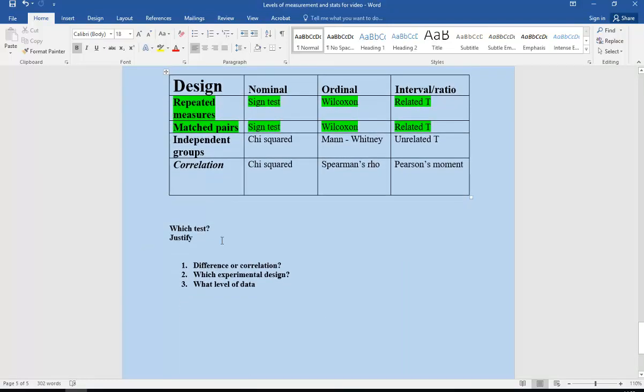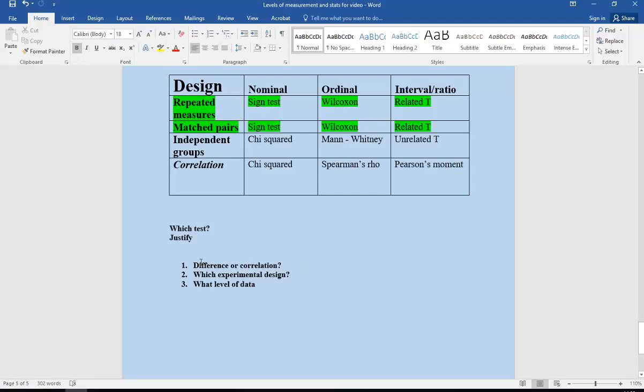The other thing you will need to know is how to justify our decisions. Usually it's for something like a 4-marker, where they ask you which test to use. First, say whether we are looking for a difference or a correlation. These are the only correlation tests; these are all looking at difference. So that's our first decision: have you spotted that it is actually correlational?